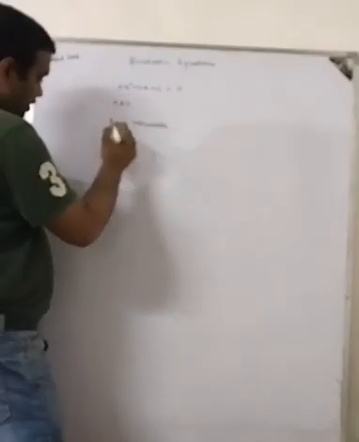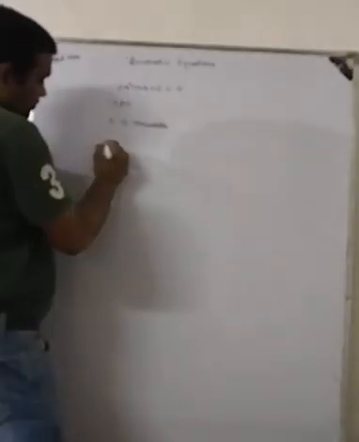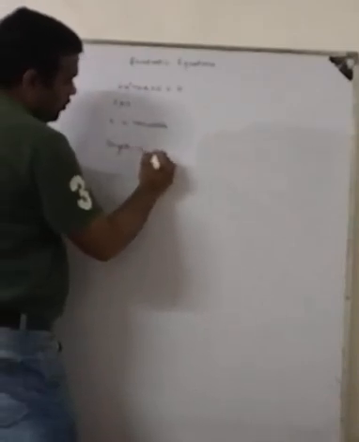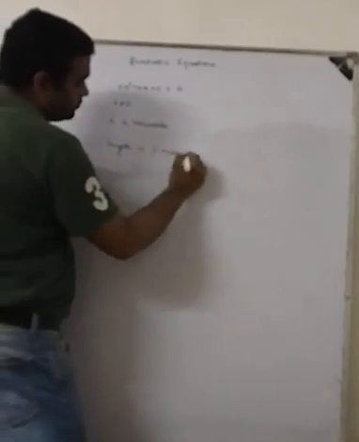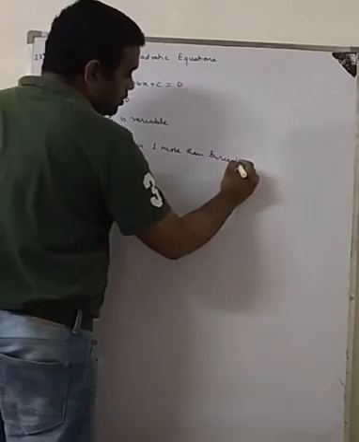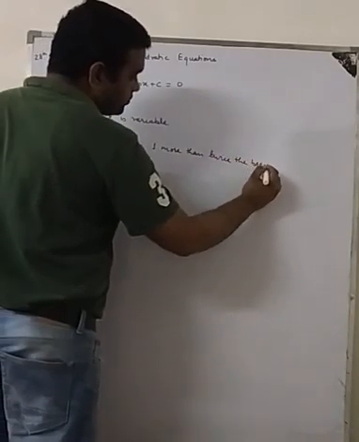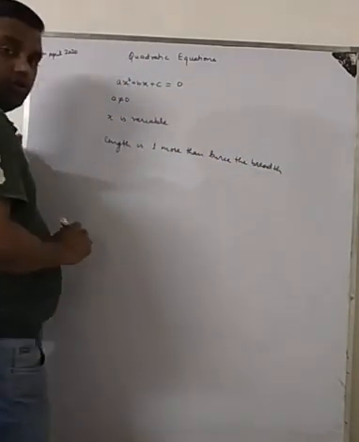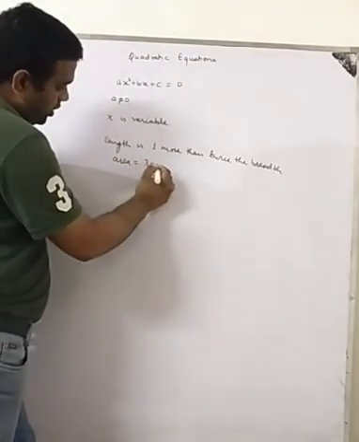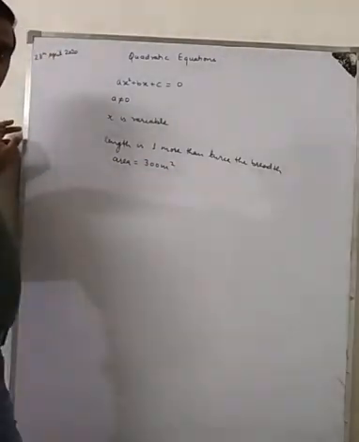So the given question is, length is 1 more than twice the breadth, and area is 300 meter square.